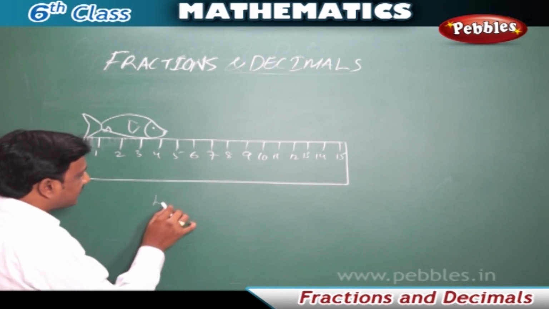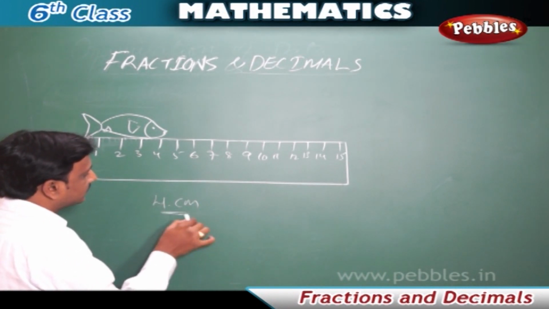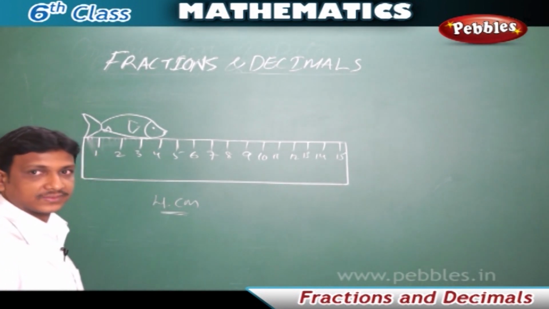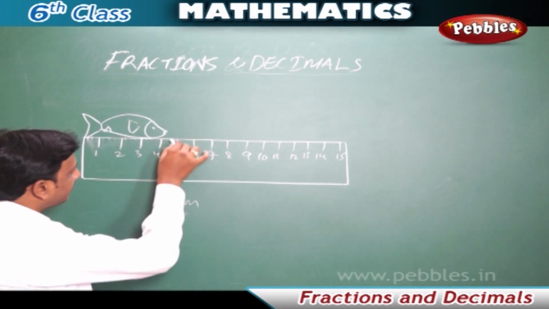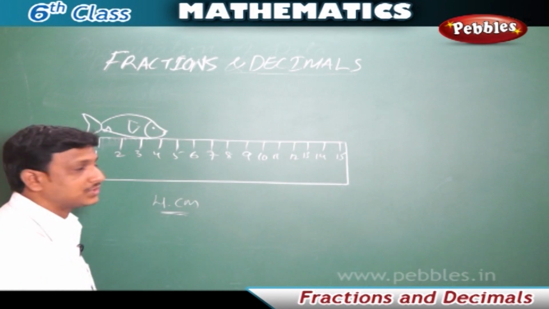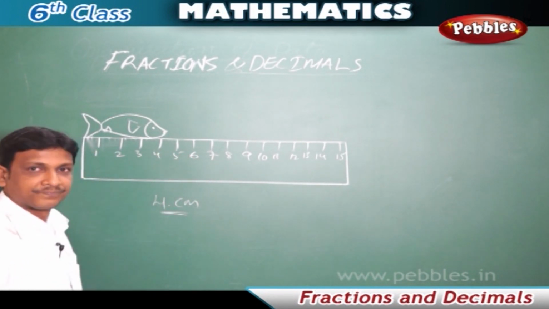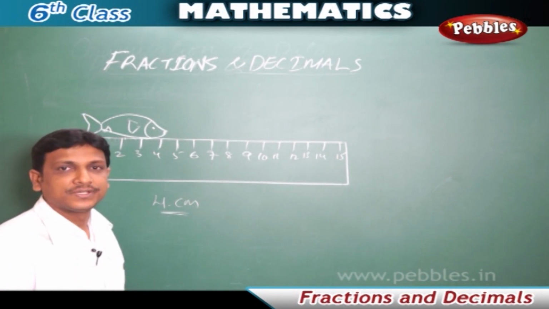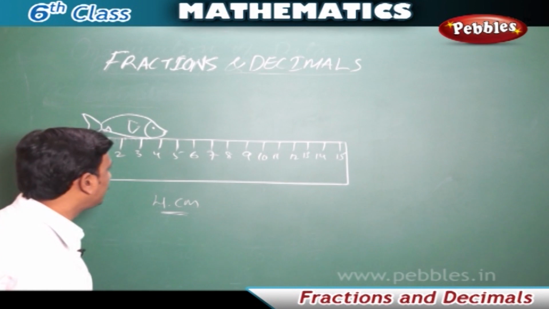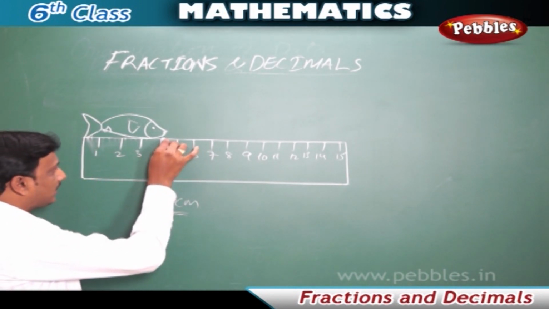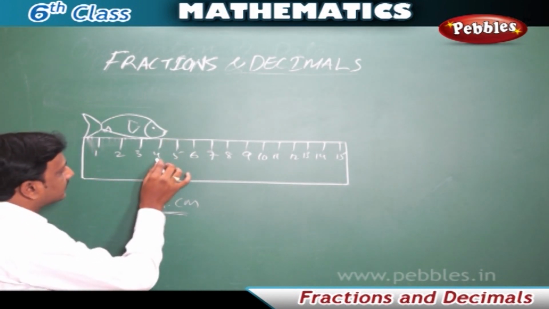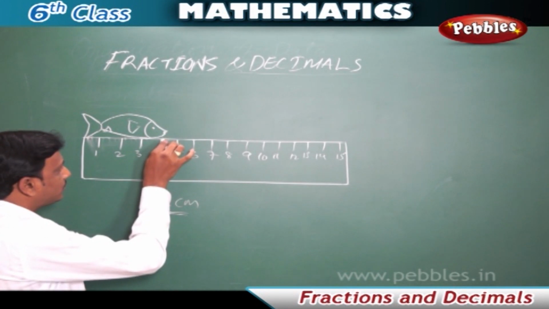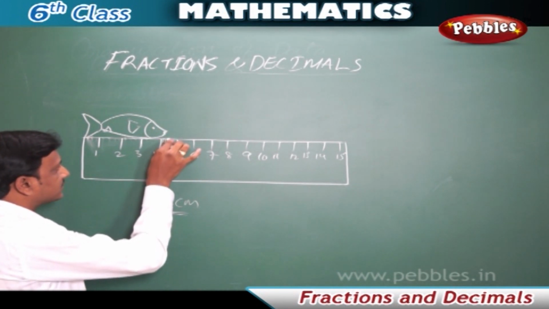It is a bit more than 4. So you cannot write it is 4 centimeters because it is more than 4 centimeters and it is not even 5 centimeters. So it is more than 4 but less than 5. Now how do you give its exact or accurate measurement? We do one thing. Now let us divide the space between 4 and 5 into 10 equal divisions.